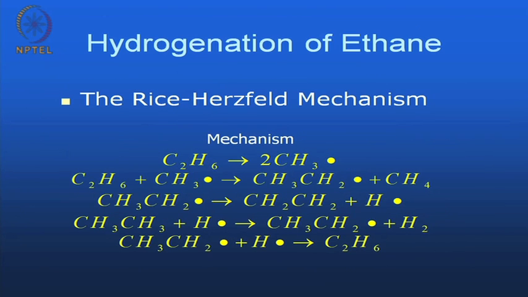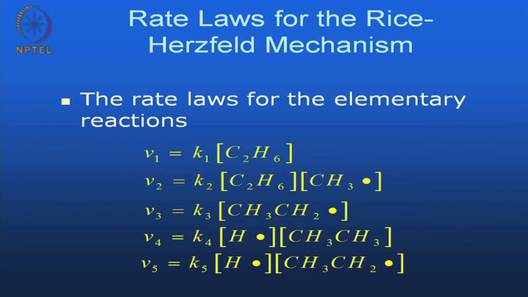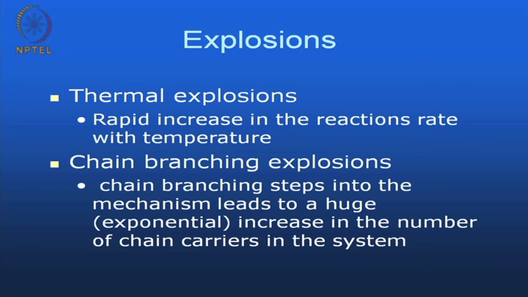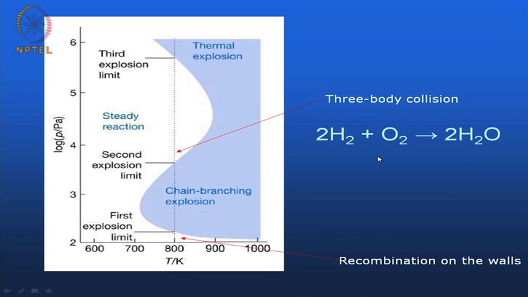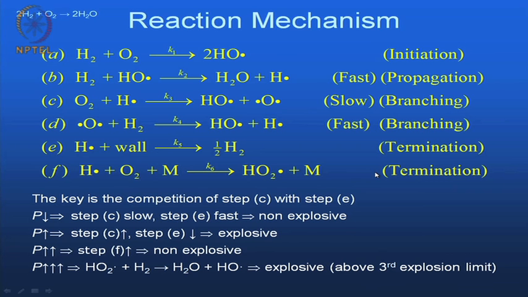Then we moved on to explosion, and to branching of chains, which leads to explosion. We took the classic example of H2 plus O2 producing H2O, discussed the mechanism in detail, and the factors that decide whether explosion will take place or not, which we can explain very well.